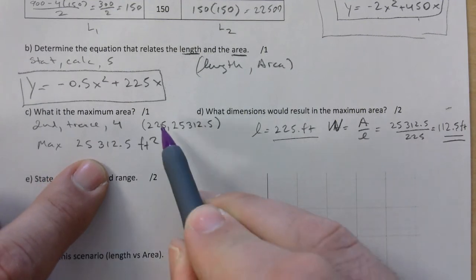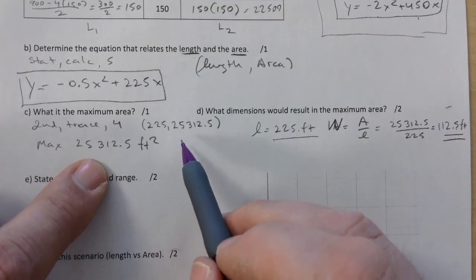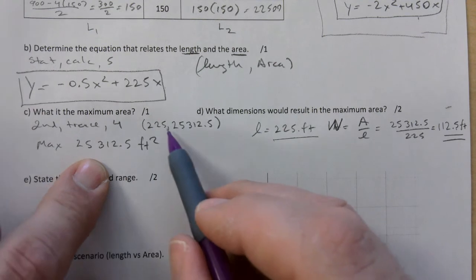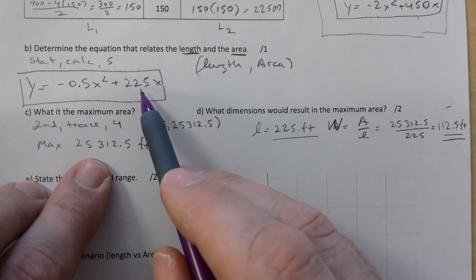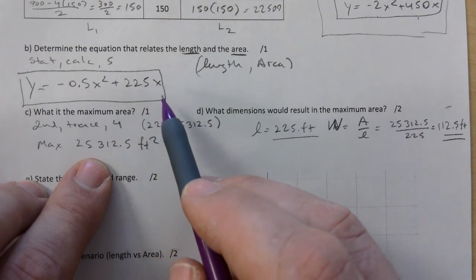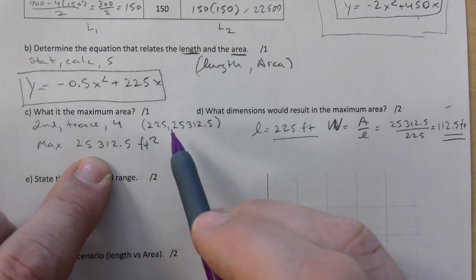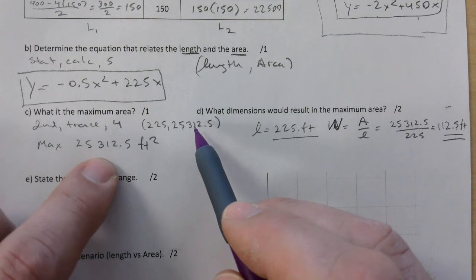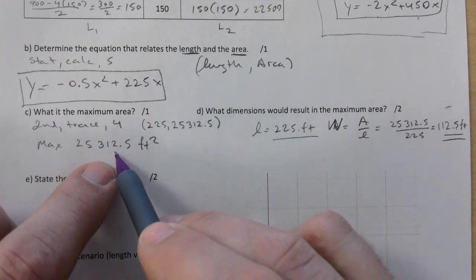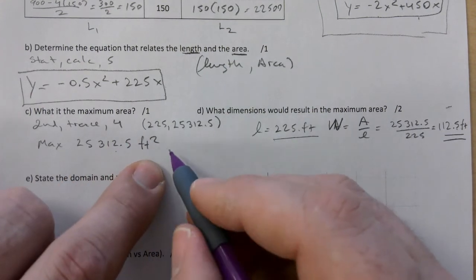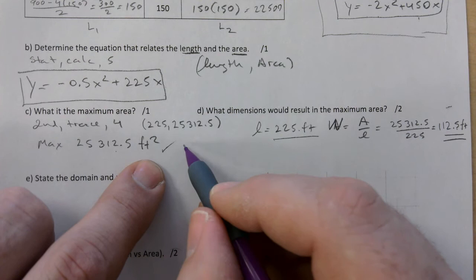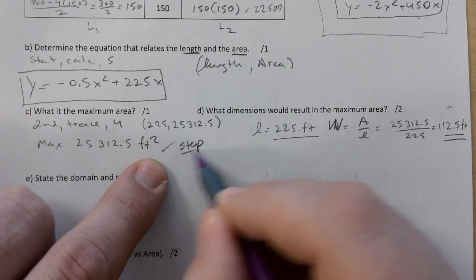Whatever you got. So folks at home or here, right? If your vertex is off because you have a different equation, you would lose the mark here for the equation, but I would honor this vertex. And if you grab this y value to state the maximum area, you get the mark there. And what I normally do is, even if it's wrong, I go like this and then I put down step.